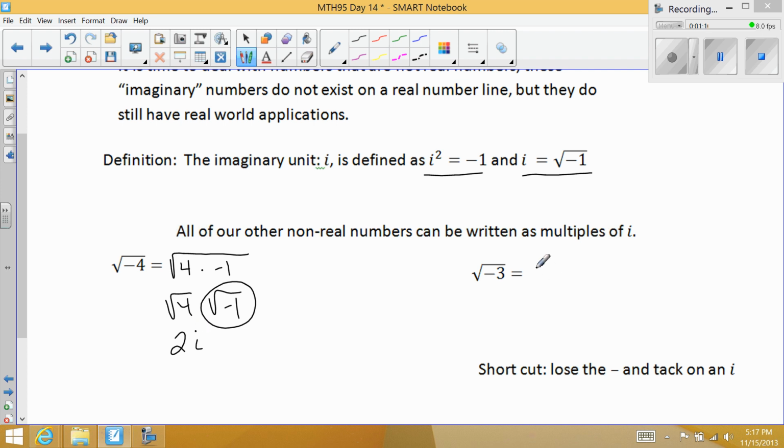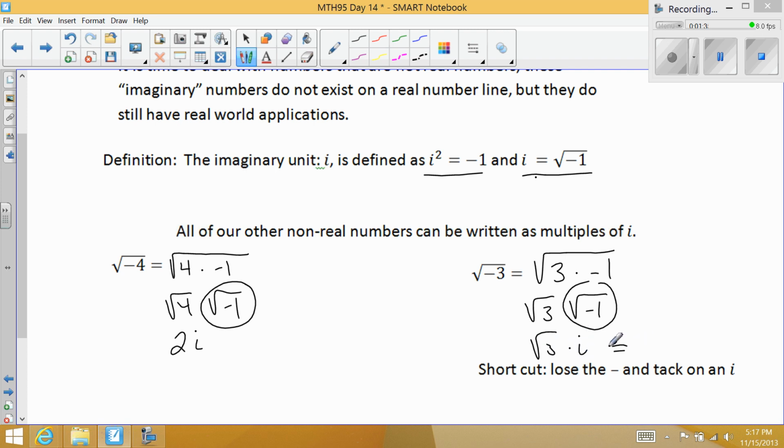Square root of -3: we can break that into 3 times -1. So then we have the square root of 3 times the square root of -1. The square root of 3 we really can't do anything with, but the square root of -1 by definition is equal to i. So this is the square root of 3 times i.